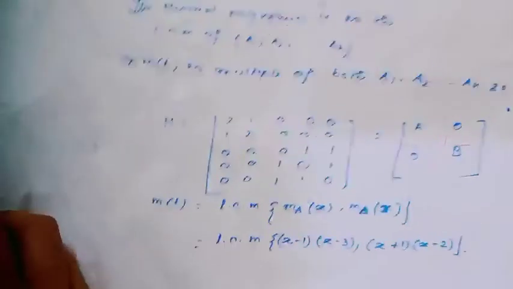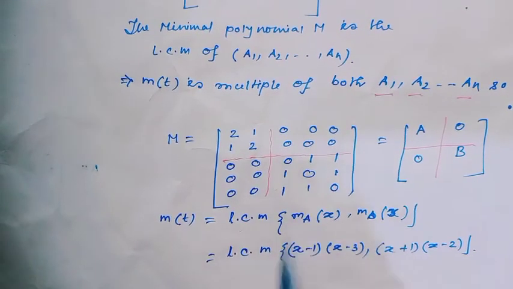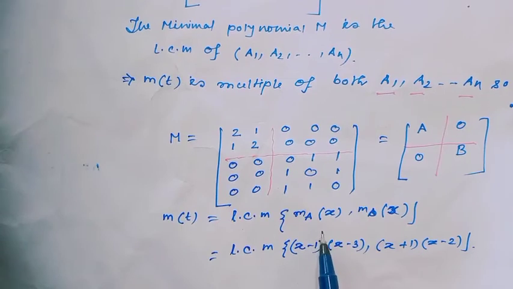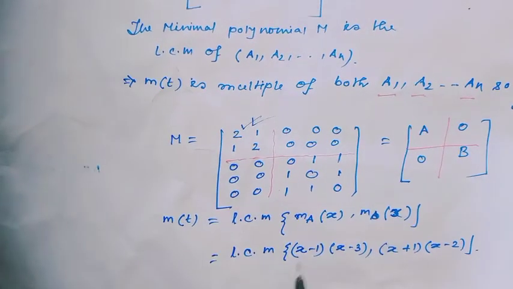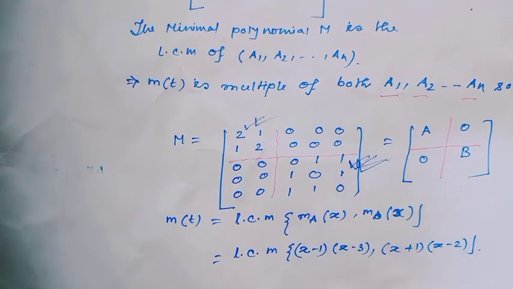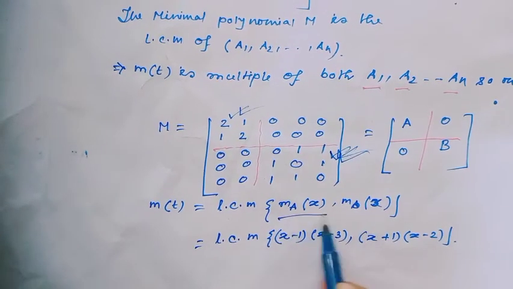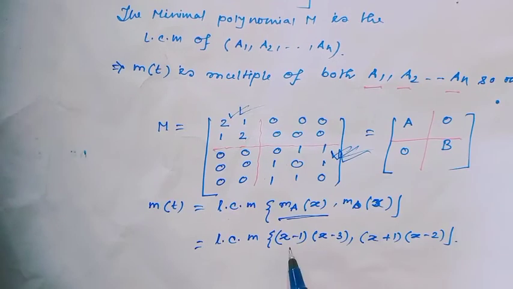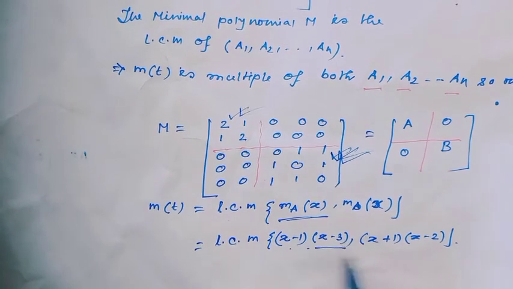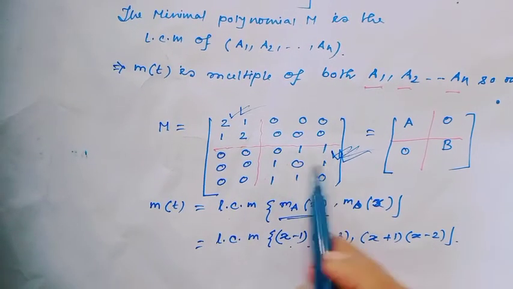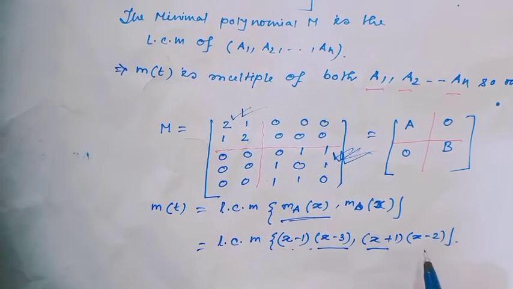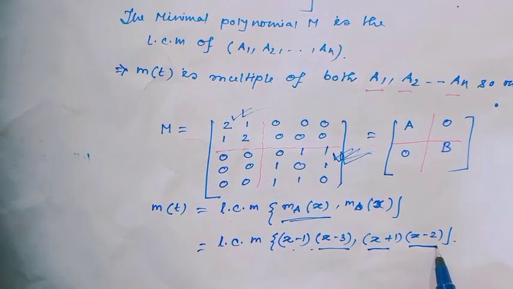So the minimal polynomial of this matrix would be the LCM of the minimal polynomials of these matrices. Okay, I have got the minimal polynomial of A is (x minus 1)(x minus 3), and the minimal polynomial of B is (x plus 1)(x minus 2).